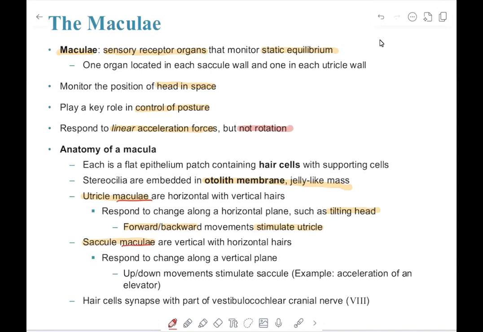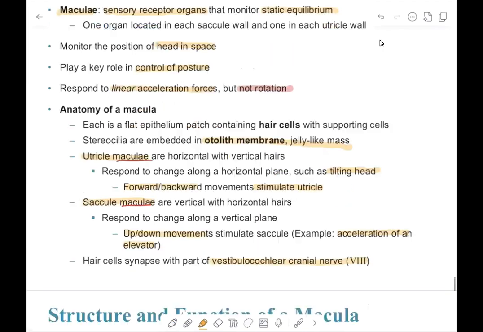And it responds to up and down movements like acceleration of an elevator. So you're not moving, but you're being moved in a superior or an inferior direction. And these hairs synapse with part of the vestibulocochlear nerve, which, as you know, is cranial nerve number 8.